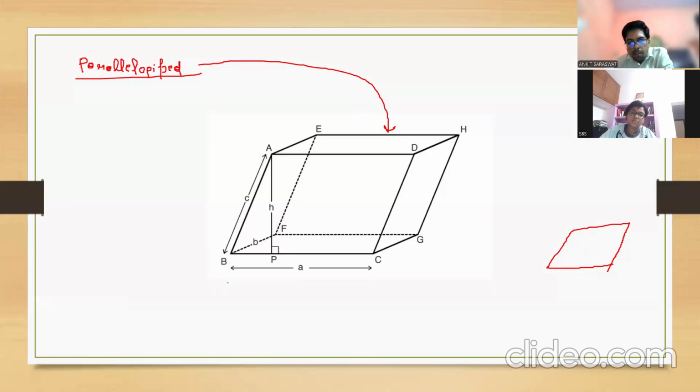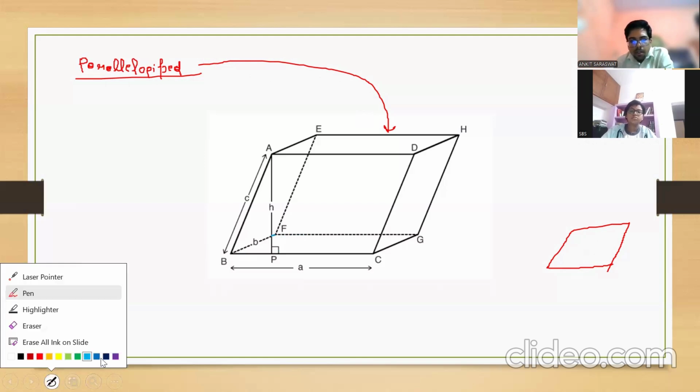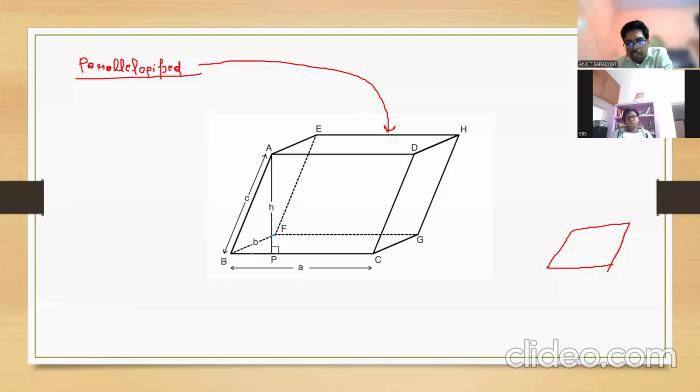Let us suppose the sides of this parallelogram which I have drawn are denoted by 3 vectors. One vector is like this, one vector is like this, and one vector is like this.